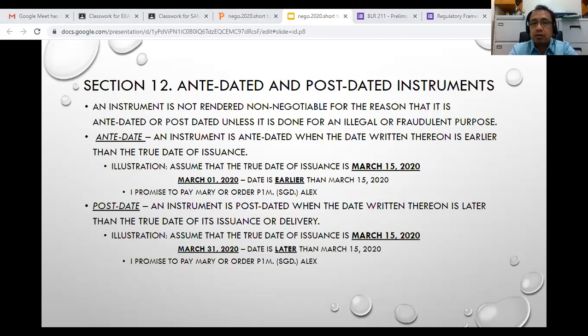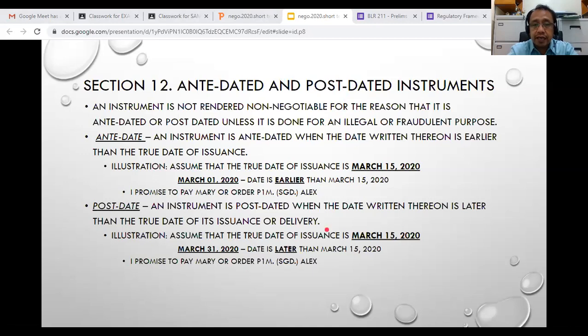The person to whom the instrument so dated is delivered acquires title thereto as of the date of the delivery. It is not the date so inserted. It is not the antedated date. It is not the postdated date, but rather it is on the date of the delivery. Okay? So that's antedating or postdating of your instrument.